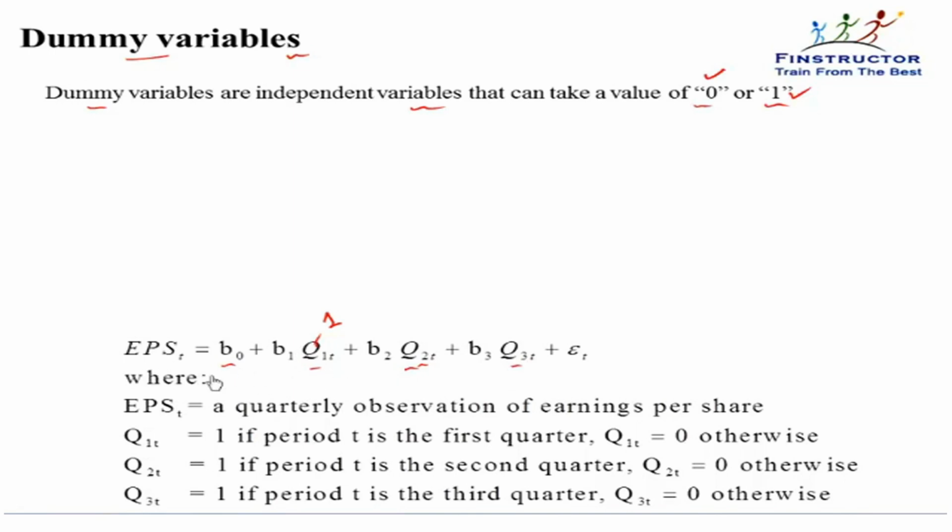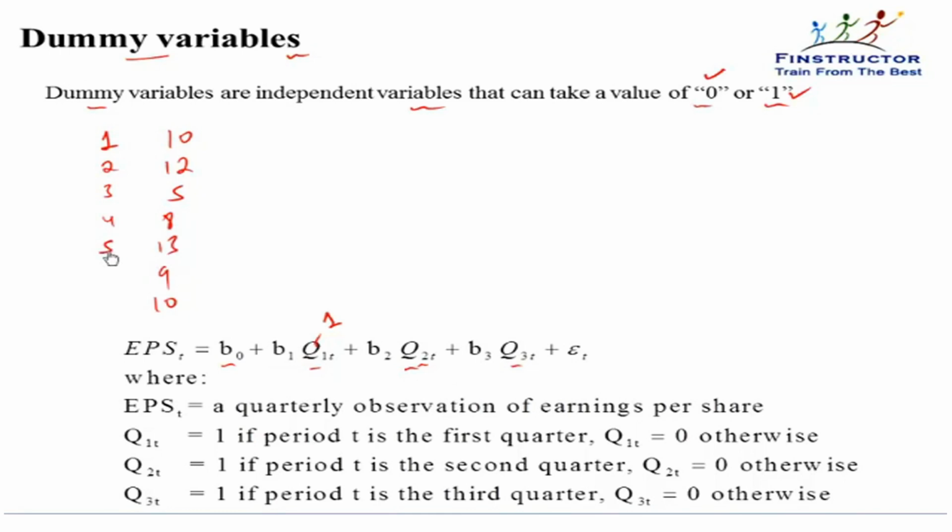So let's see what would be the possible data for estimating a regression like this. If we see the last 40 quarters of EPS, then the EPS values would be something like this, and so on and so forth. So let's assume that this was the first quarter of year 1, the second quarter, third quarter, fourth quarter.